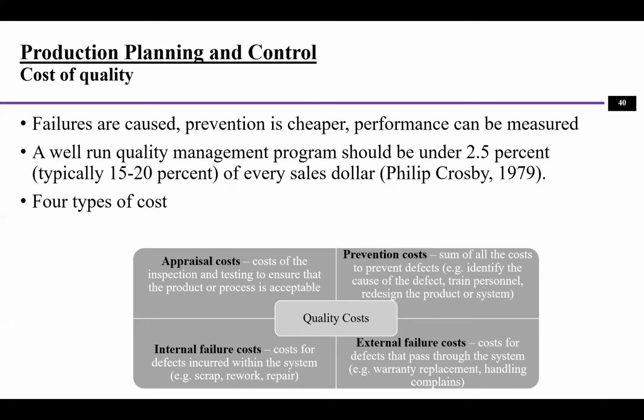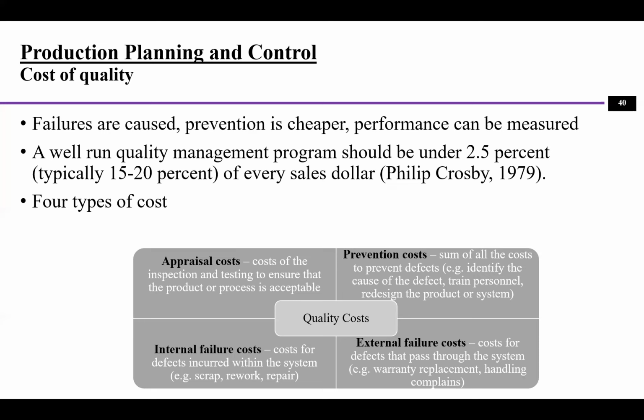So the appraisal cost ensures the product and process are acceptable through inspection and testing. Also, there will be a prevention cost. Prevention cost covers all the activities to avoid those defects, for example, identifying the cause of the defect, training personnel, or redesigning certain products. These all need people to put time and resources into it, and that is prevention cost. And there's another cost, the internal failure cost.